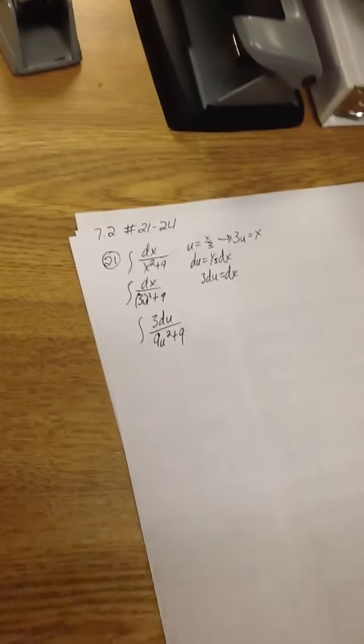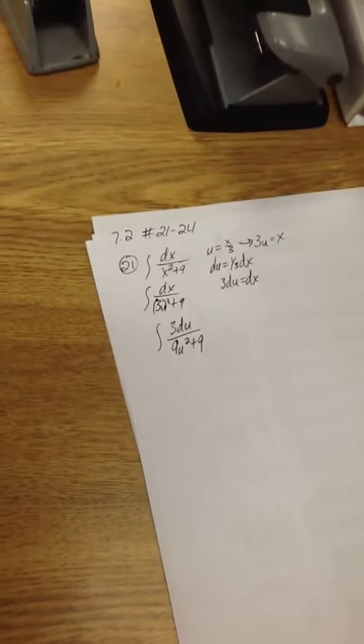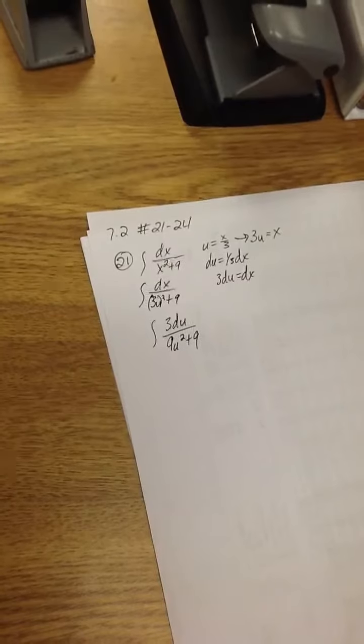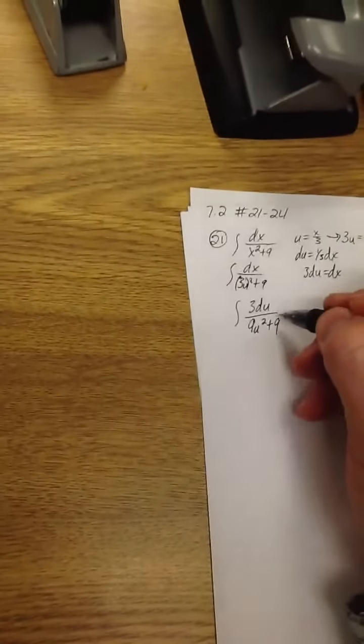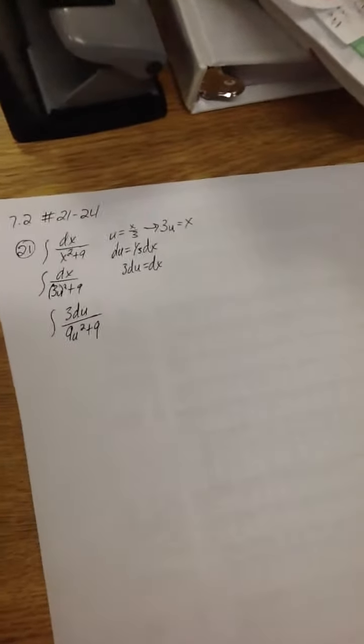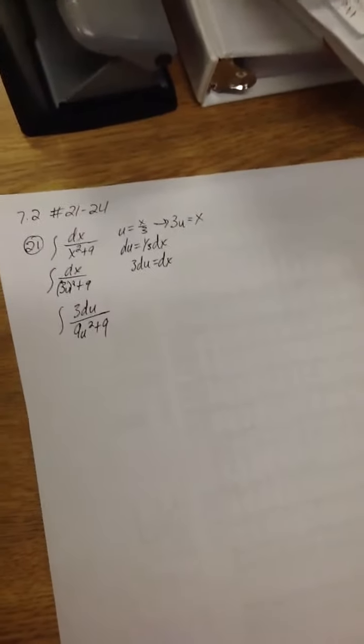And you may be thinking, well, how does that help? And it does, though. It helps a lot. Because I can pull some stuff out of here and make it look like a derivative that I know the answer to.